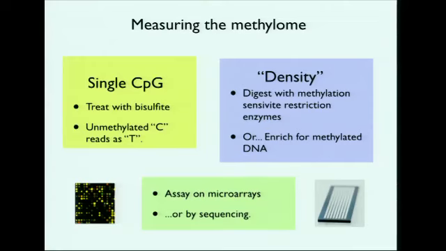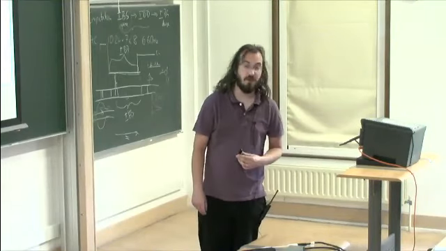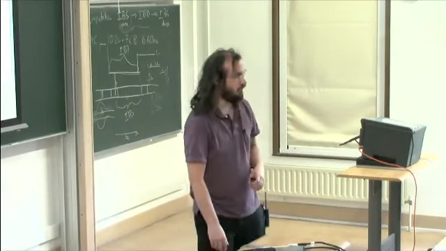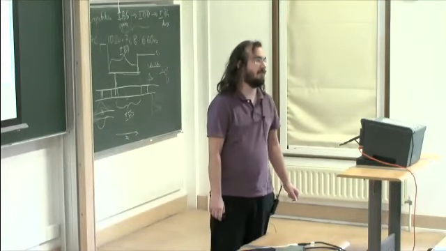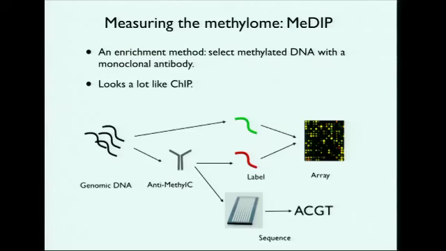Either of these approaches you can assay using either microarrays or sequencing platforms, and I'm going to shamelessly switch between platforms depending on what's convenient, although the way everything is going is very much sequencing now. So what we've been using primarily is the MeDIP platform.